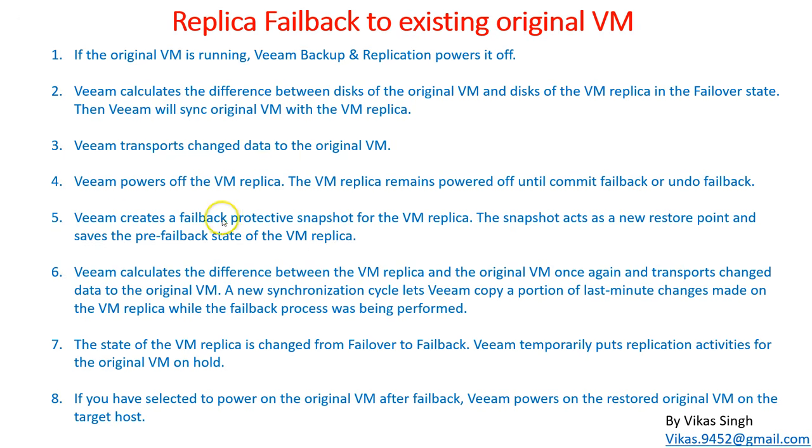Veeam creates the failback protected snapshot for the VM replica. It creates one protected snapshot. The snapshot acts as the new restore point and saves the pre-failback state of the VM replica.